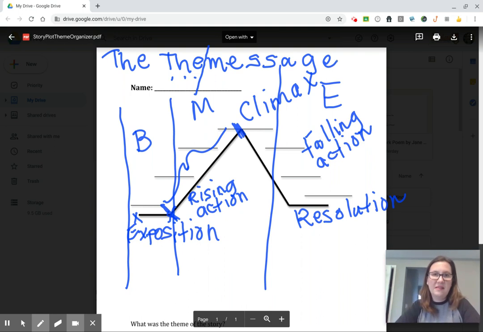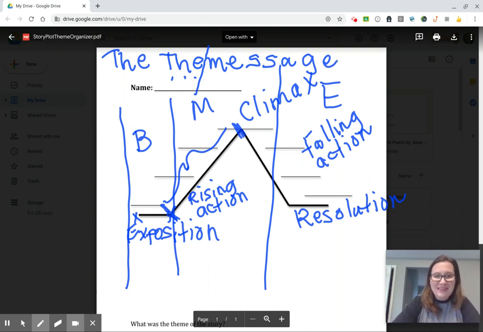So the theme is basically the message that the author has for us. I usually look for it in what a character might learn. So if I think back to some of the lessons that Rump learned in the story, he learned a lot about friendship and trusting others, especially when it came to Red. So I would say one of the themes in the book Rump would be friendship.